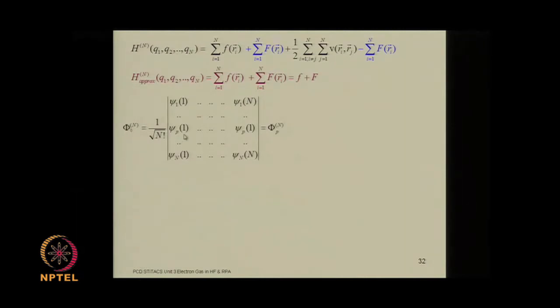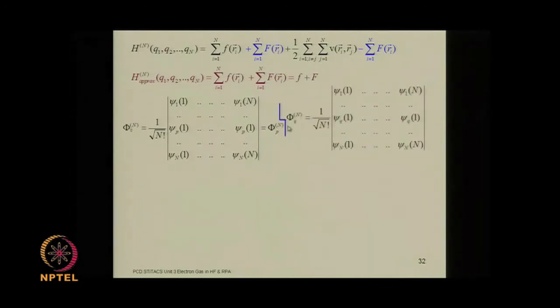Then we stipulated that we have a ground state n electron determinantal wave function, which we represented as phi 0, and it consists of the lowest n occupied states, and our prototype of an excited state was another determinant which we called phi q.